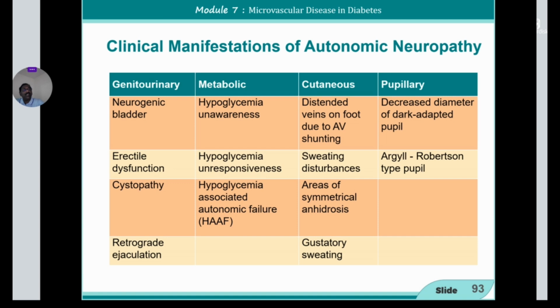Suppose they are living alone and they get neuroglycopenic hypoglycemia. If the 25% dextrose is not given immediately, what will happen to their life? They are going to die. With prolonged hypoglycemia of 10 or 20 or 40, there will definitely be death. That is also possible.